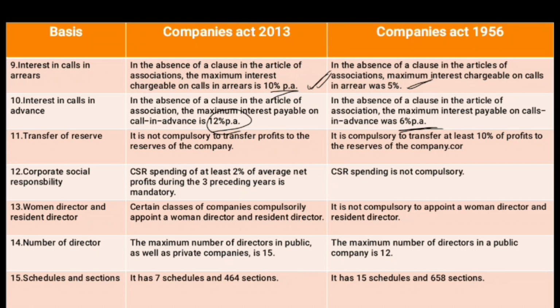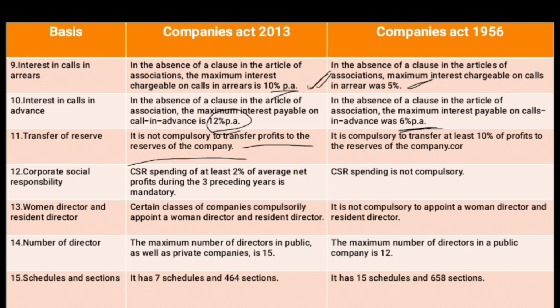Okay. Now on the basis of transfer to reserves, it is not compulsory to transfer profit to the reserves of the company. Now we know general reserve is transferred from the profit of the financial account. This transfer of profit is not mandatory according to the Companies Act 2013, which was earlier mandatory, or we can say compulsory, according to the Companies Act 1956.